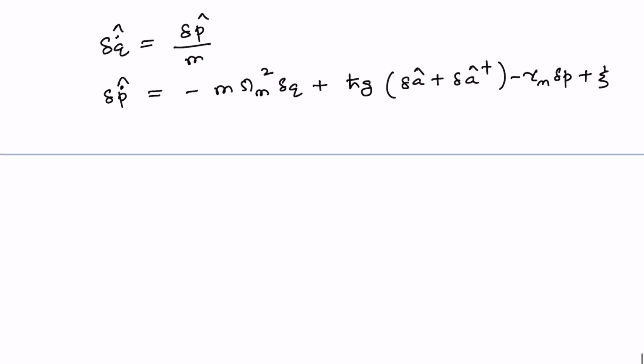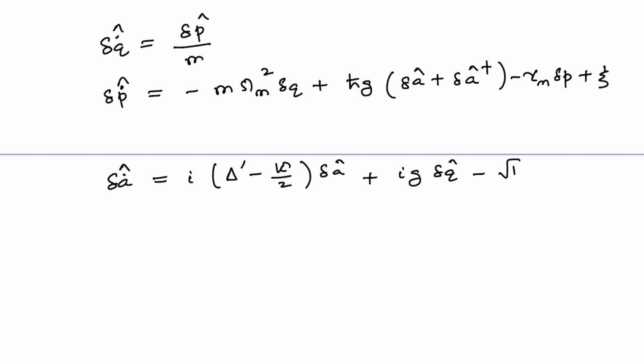This is the equation you will get, and then you will get δȧ is equal to iΔ'δa minus κ/2 δa plus igδq minus √κ a_in.